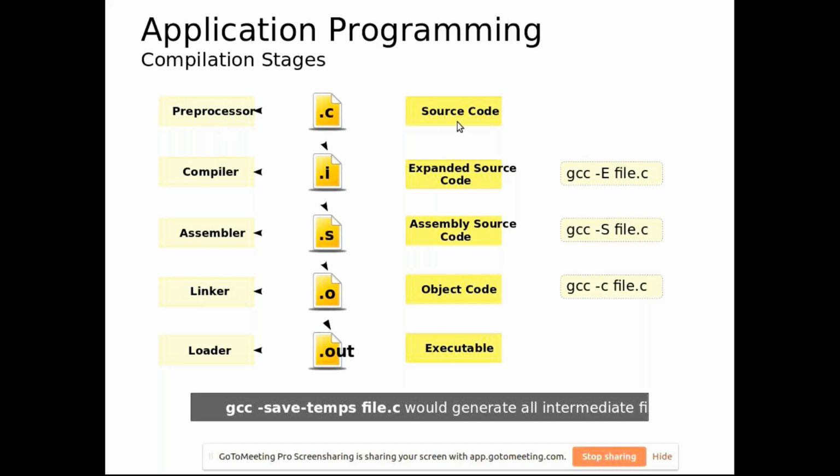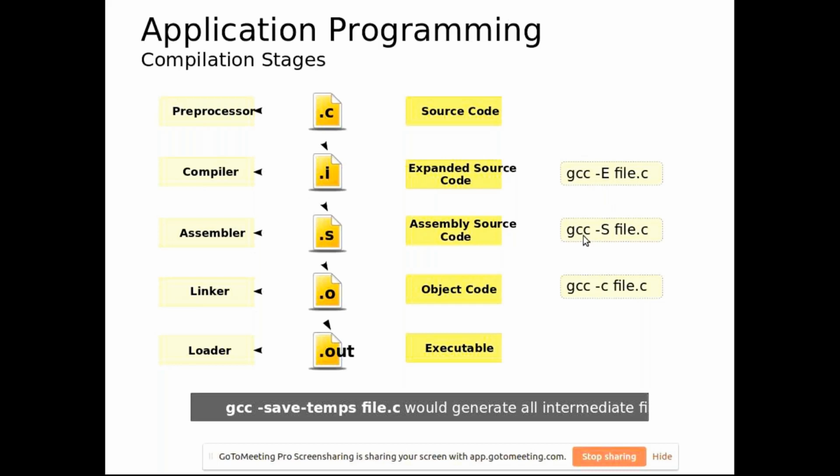So this is the assembler source code, gcc -S file.c. Then we have the linker .o files. These are the object files, compiled by this. And last is the loader, and it will give us our a.out. That is the default executable name in Linux if you're not giving any name to the compiled executable.